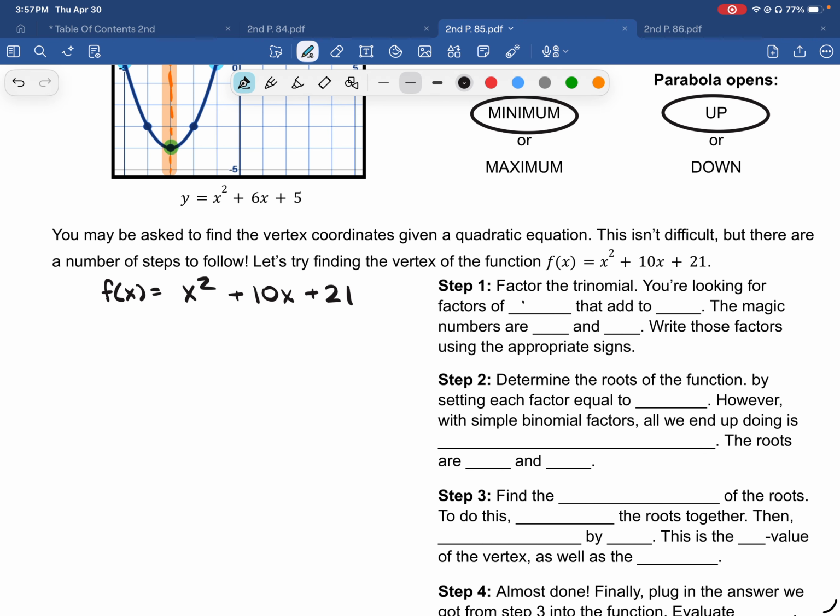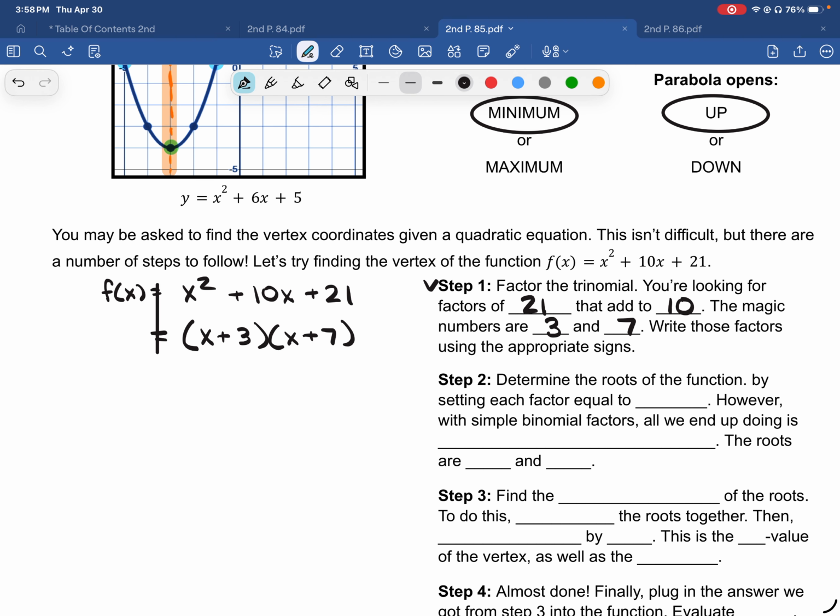We're looking for factors of 21 that add to 10. Numbers that would multiply to 21 and add to 10 are 3 and 7. So I'll go ahead and factor this and write x plus 3 and x plus 7.